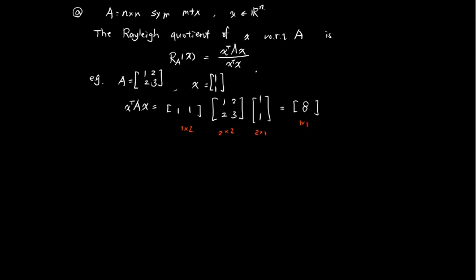On the other hand, we have x transpose x, which is a horizontal x and a vertical x. Their product is equal to 2, and again, it is a 1 by 1 matrix.